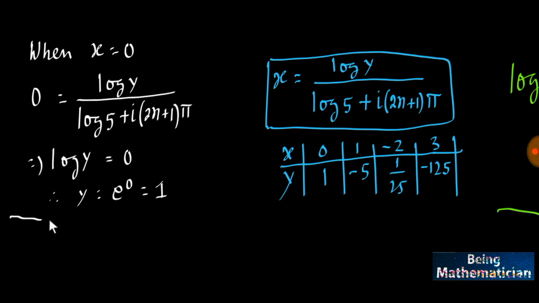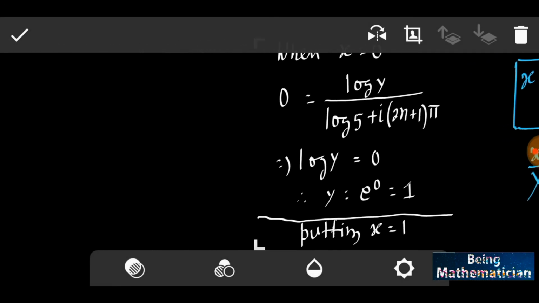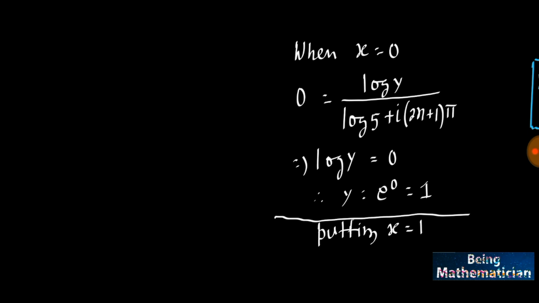Now putting x equal to 1, so 1 equal to log y divided by log 5 plus i into (2n plus 1) into pi.